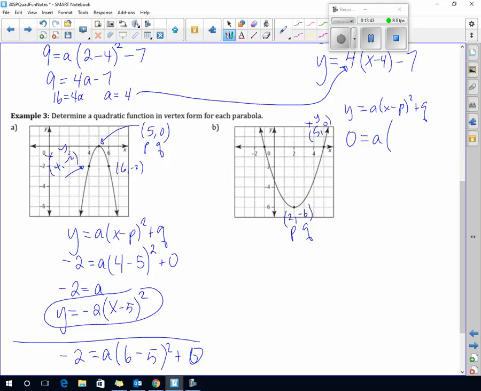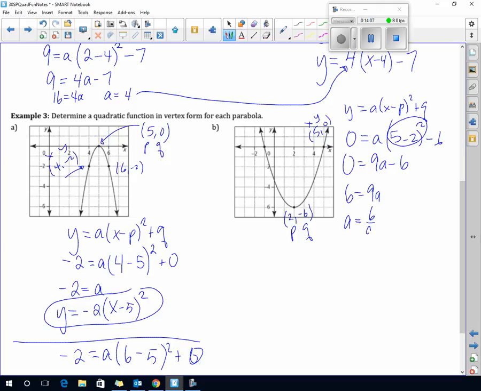Simplify the middle, so 0 equals a, what's 5 minus 2? 3, what's 3 squared? 9, 9a minus 6, move the 6 over, 6 equals 9a, divide by 9, I get 6 over 9, which is 2/3. y equals 2/3 (x minus 2) squared, subtract 6.